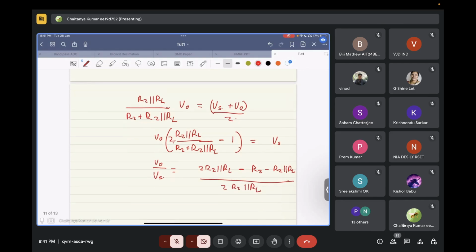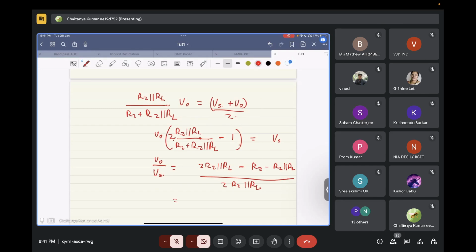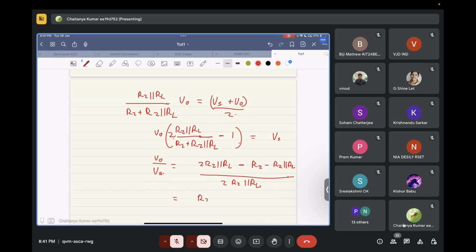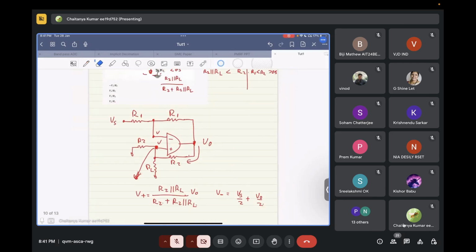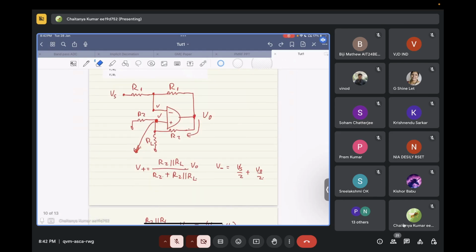So we have here (R2 parallel RL minus R2) divided by 2 R2 parallel RL. So this is our gain from Vs to Vout.